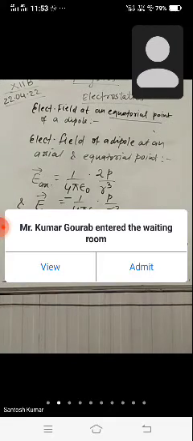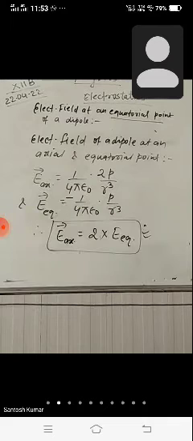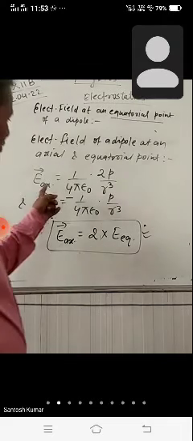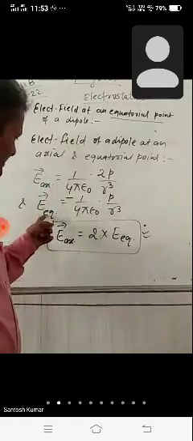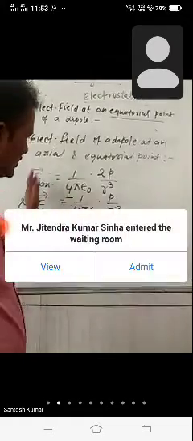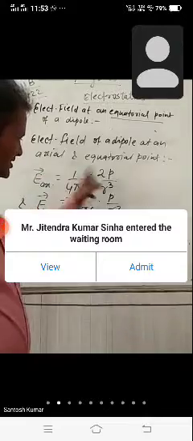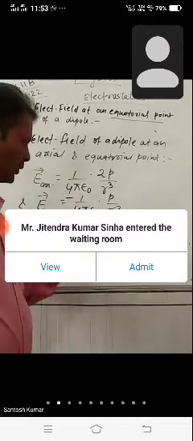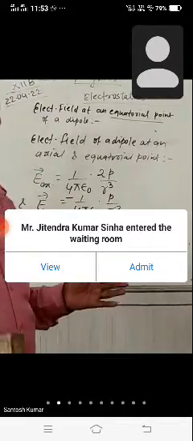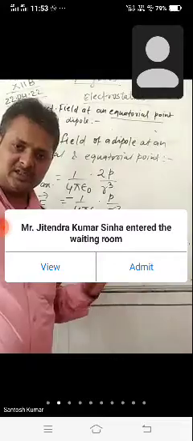Note down. So just note down this relation; we obtained this formula yesterday and today. After this discussion and explanation, we can correlate how they are related with each other.